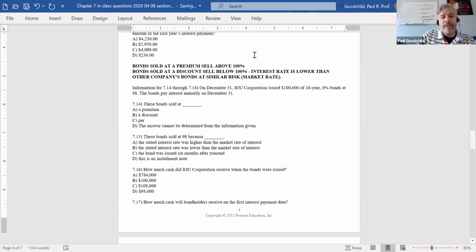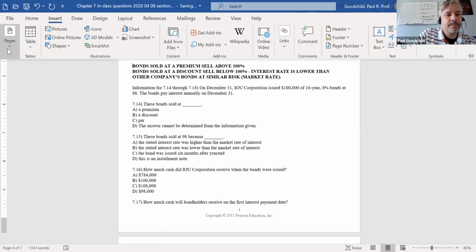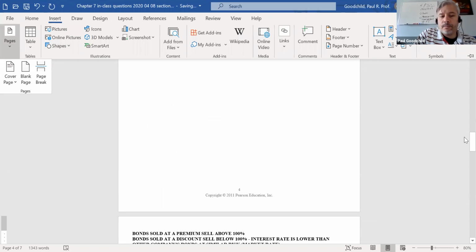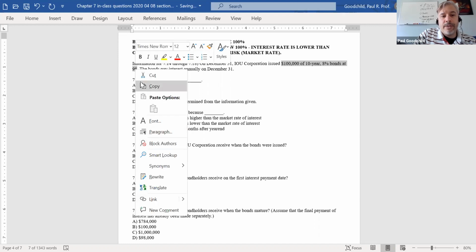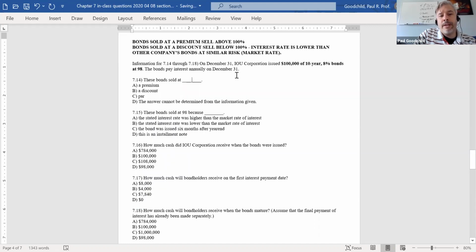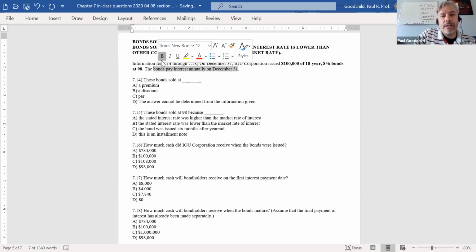So the information for 14 through 18, I'm gonna go ahead and insert a page break here. It says that the company issued $100,000 of 10-year 8% bonds at 98%. Now, these are bonds that are going to pay interest yearly, but the principal is not going to be paid off until 10 years.